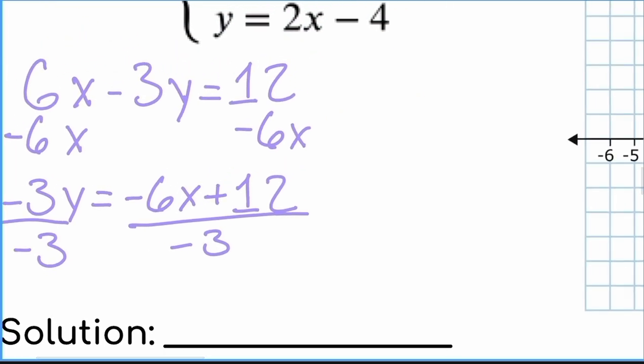So I have y equals, what is -6 divided by -3? A negative divided by a negative is going to be positive. Yep. And positive 12 divided by -3, -4.